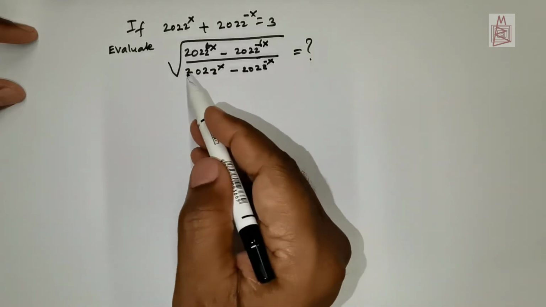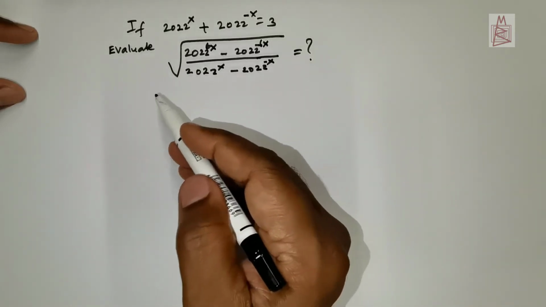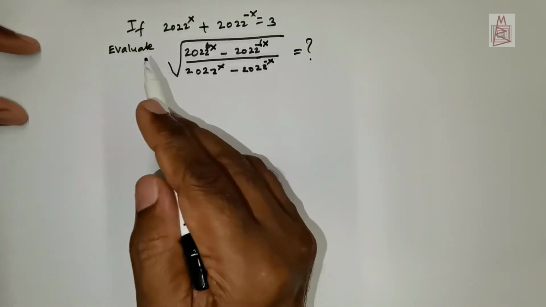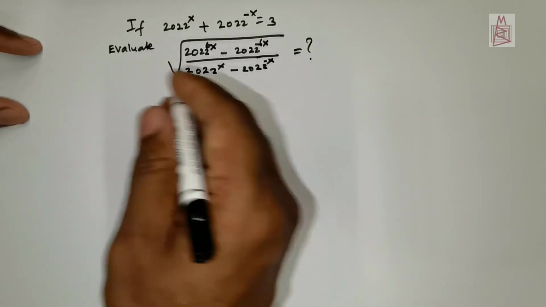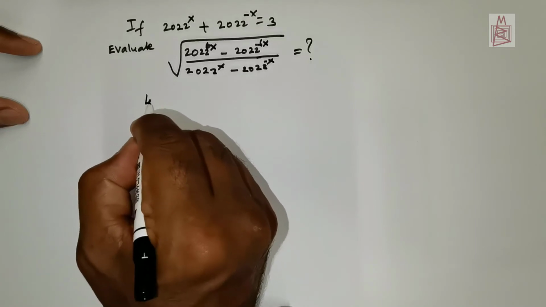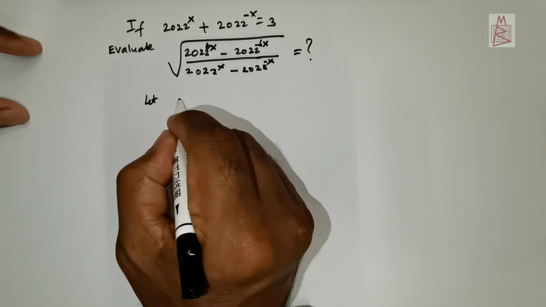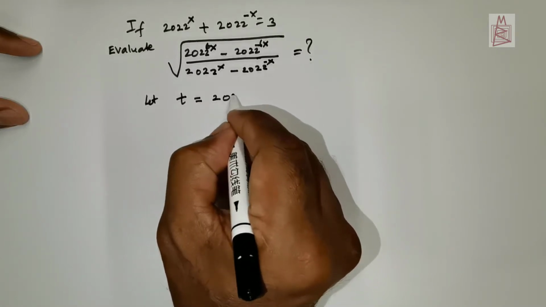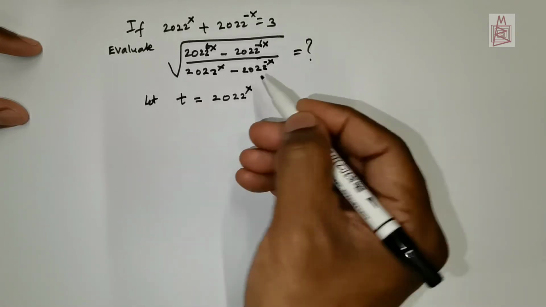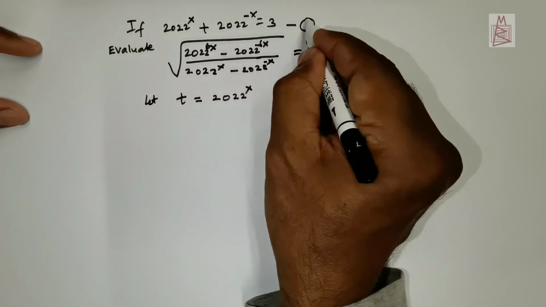So 2022, this is not for this year, so this is a little bit futuristic for year 2022. Okay, dear students, let us see how we can solve this. Foremost, I'm going to make the following assumption. Let t be equal to 2022 raised to the power x. So I'm taking this as 1.